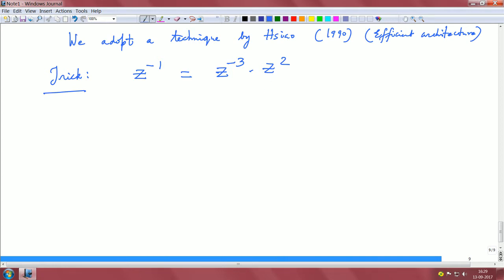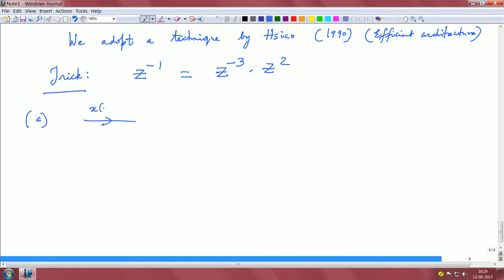But observe the powers 3 and 2 that are appearing here, and carefully think about M equals 3 and L equals 2 and see what you could do, right. We will see how this trick is useful, right.